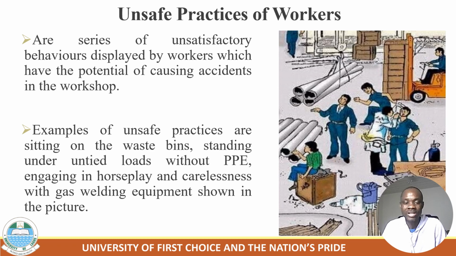Likewise, standing under an untied load without PPE is unsafe; you can see the untied load dangling up there. If somebody is standing underneath without the right safety PPE, it is an unsafe practice. Likewise, engaging in horseplay or being careless with gas welding equipment is also an unsafe practice in the workshop.